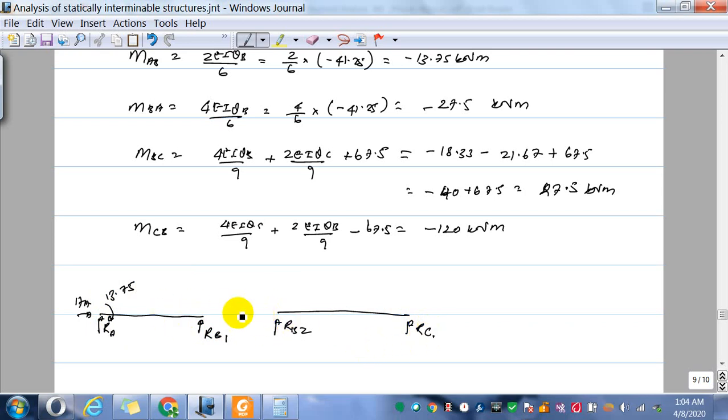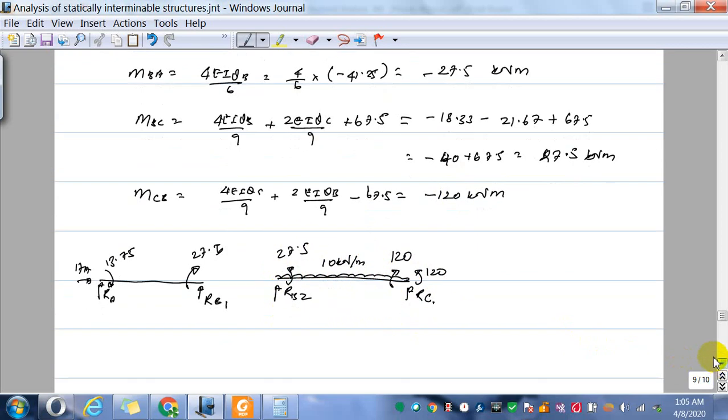Okay, so RB1, RB2. So RB1, then you have the moment MBA, that is 27.5. So that is also clockwise 27.5. Then if you consider RB2, here you have 27.5 plus because it's counterclockwise, and here you have clockwise 120, and then you have another 120 acting outside, and then you have the loads of 10 kilonewton per meter.